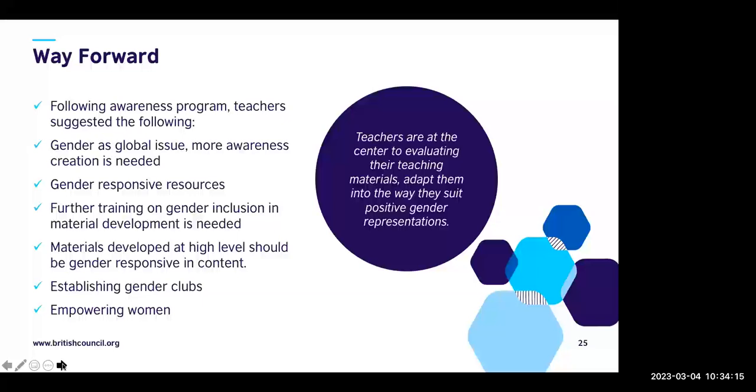This is because it is not possible to bring immediate and overhauling change of teaching materials, since teaching materials are adapted at the national level most of the time. But teachers are able to adapt the teaching materials.